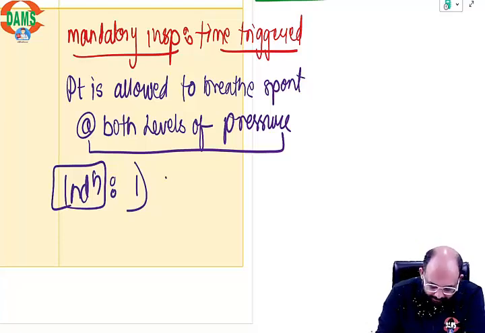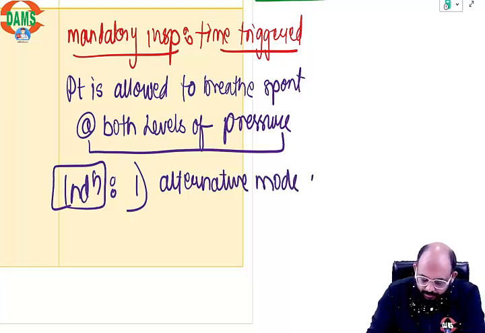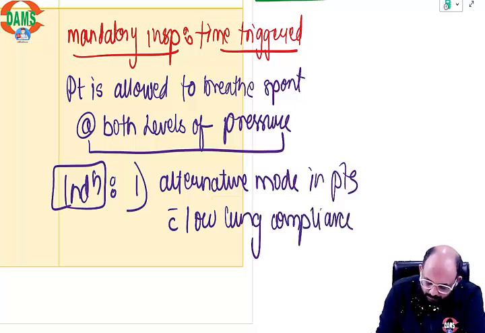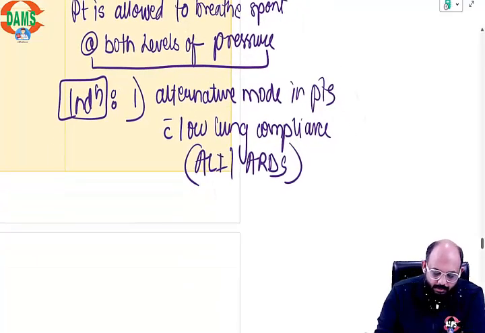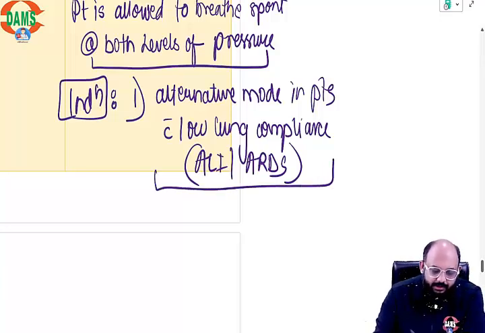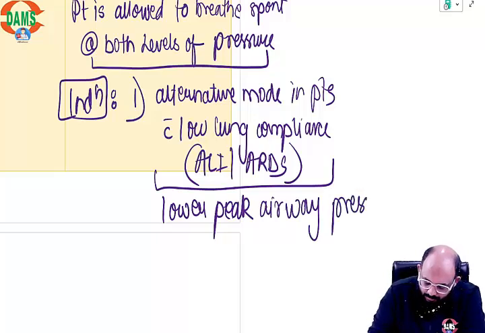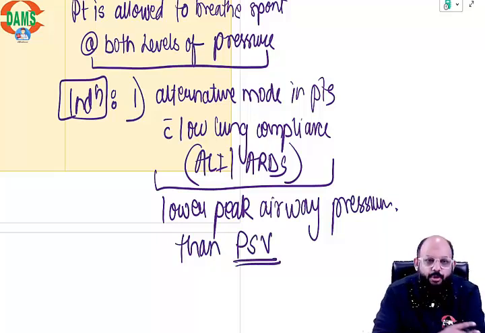So it's an alternative mode in patients with low lung compliance, like acute lung injury or ARDS, because it makes sure that there are lower peak airway pressures than pressure support ventilation.